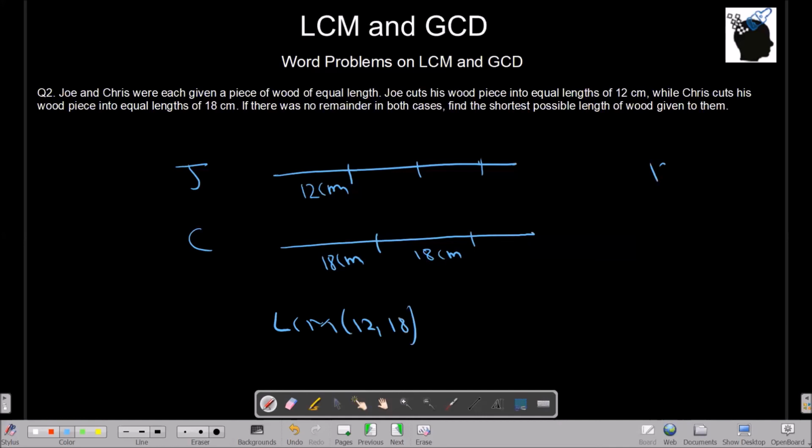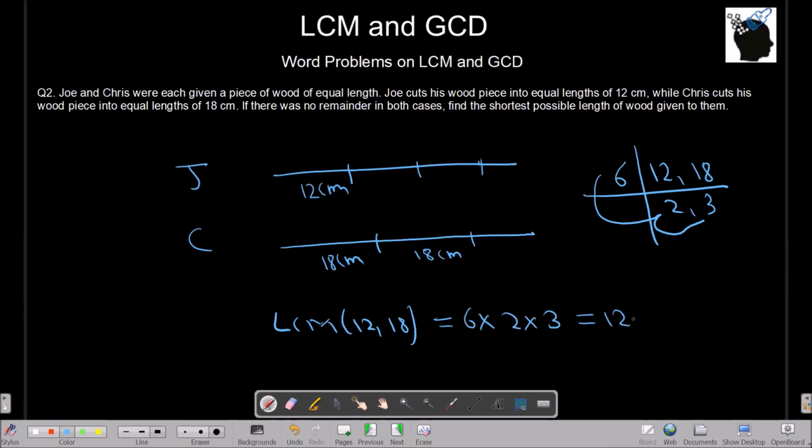Let's use the common division method. I can divide them by 6 to get 2 and 3. Now 2 and 3 don't have any other factor common apart from 1. So my LCM is nothing but 6 into 2 into 3, which is 12 into 3, or nothing but 36. That means both of them were given a length of 36 centimeters.